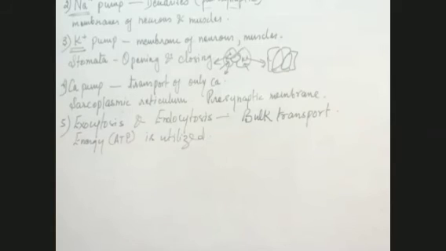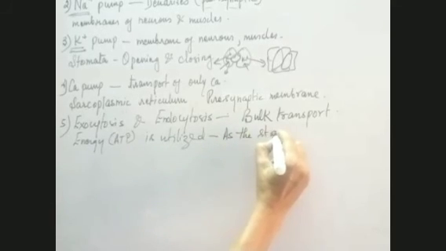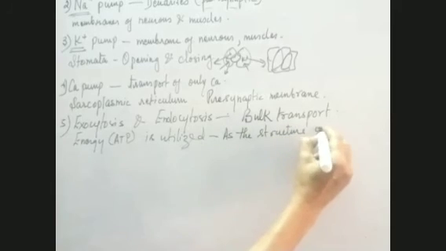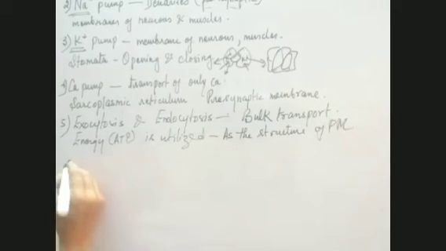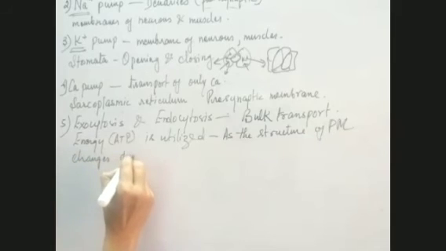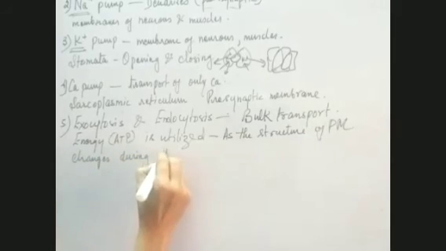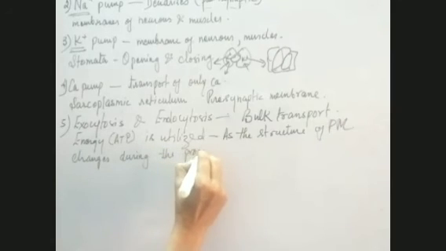Because of the change of structure of the plasma membrane, this ATP is required, as the structure of the plasma membrane changes during the process. Fine.